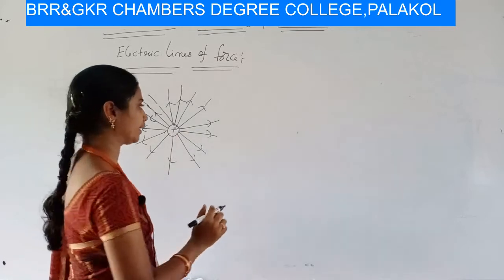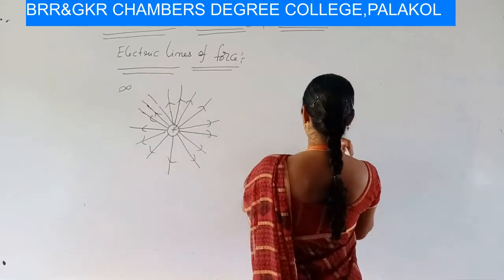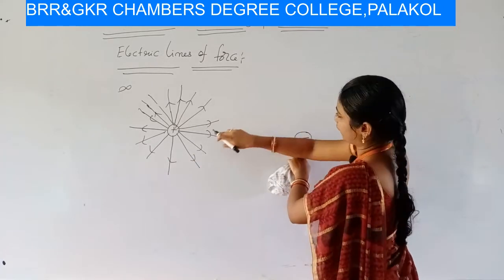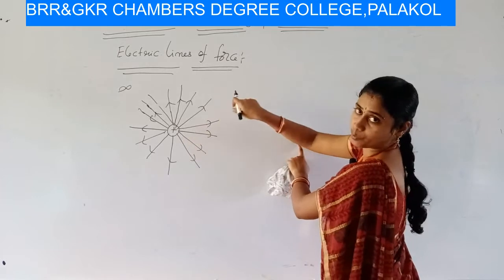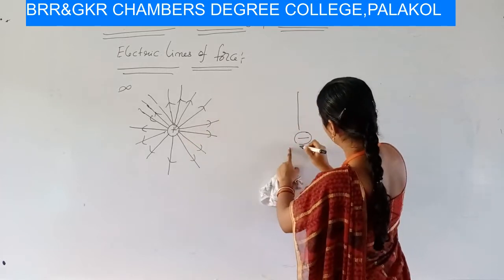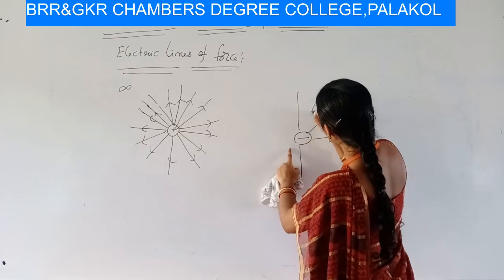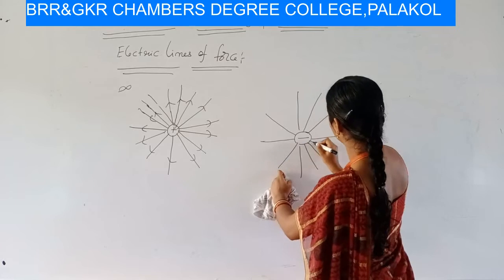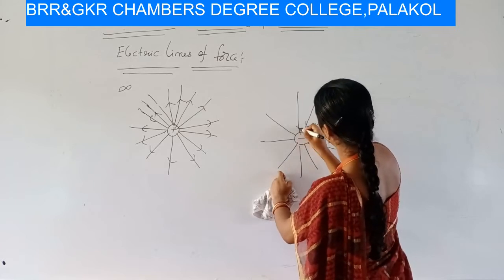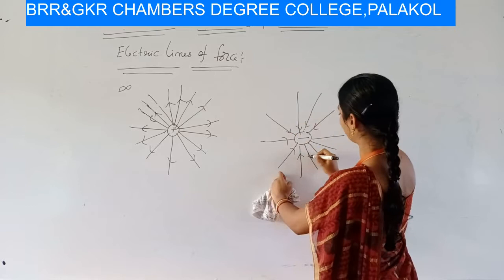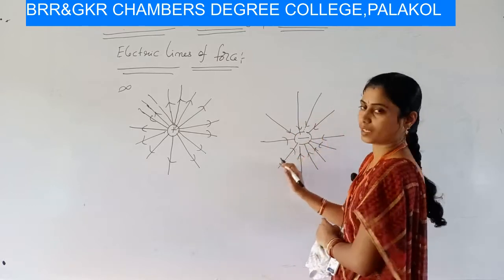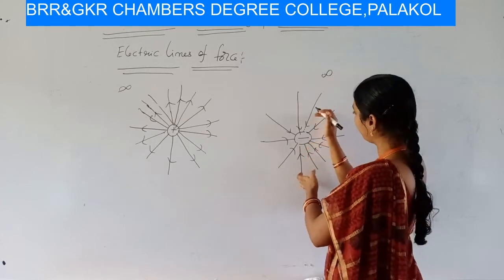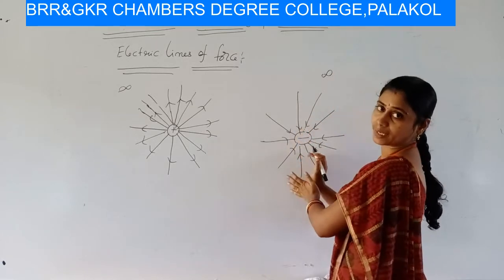While in case of a negative charge, the electric lines of force are also straight, but they are moving towards this negative charge. From infinity to this negative charge, they are starting and moving towards this negative charge.